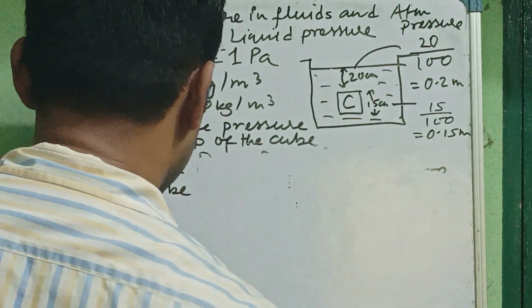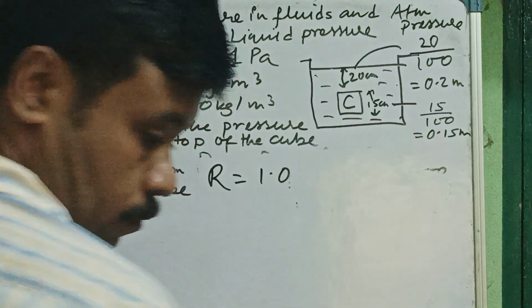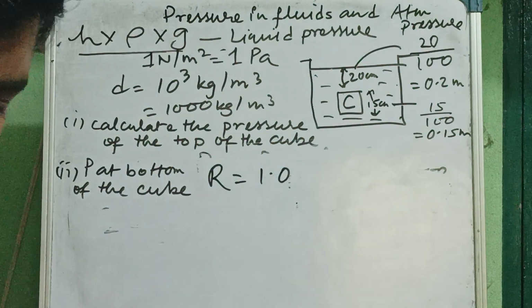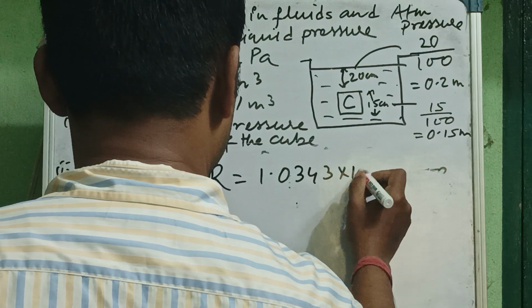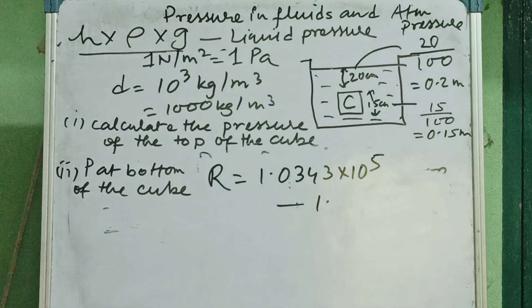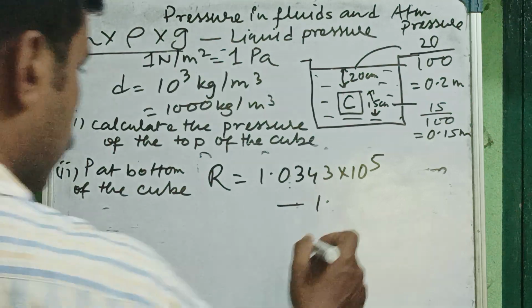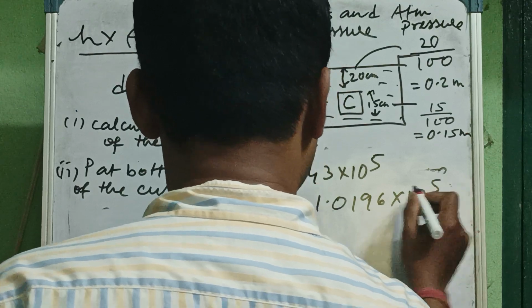So resultant pressure equals 1.0343 into 10 to the power 5 minus 1.0196 into 10 to the power 5.